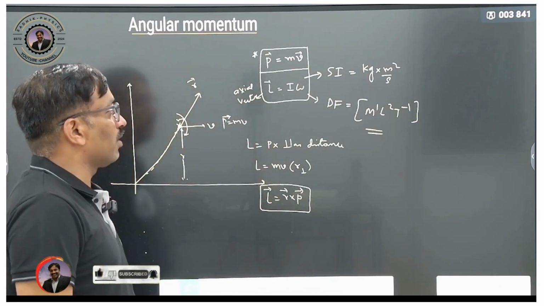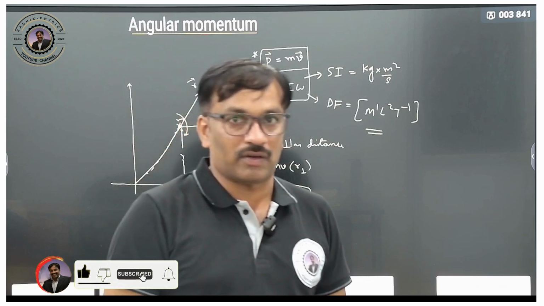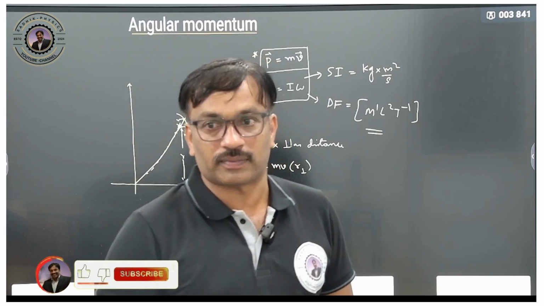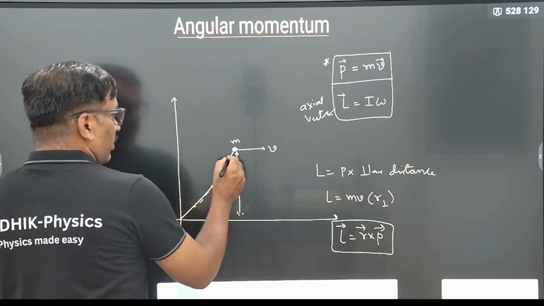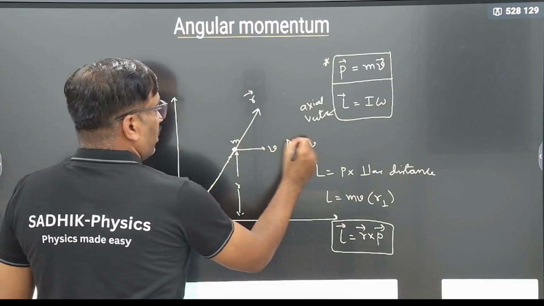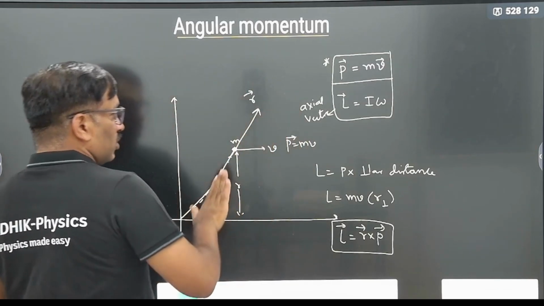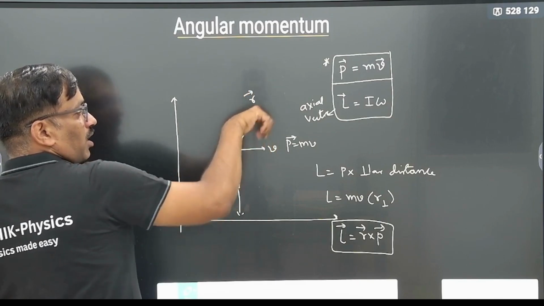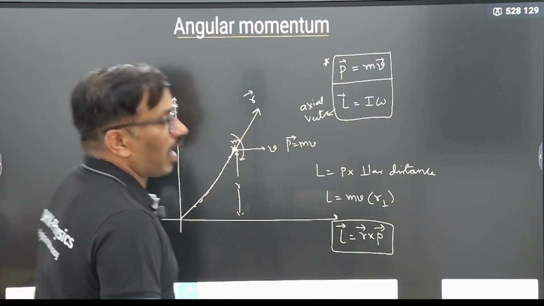We know angular momentum is a vector quantity. We can find the direction of angular momentum by using the right hand thumb rule. Here r is the distance vector, and here the momentum vector is mv. Using the right hand thumb rule, r cross p is into the board, and this is your angular momentum direction.